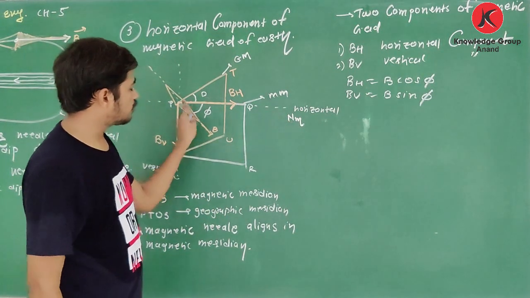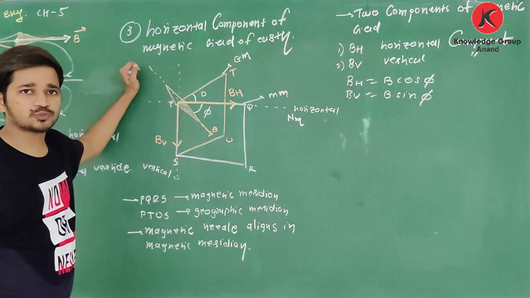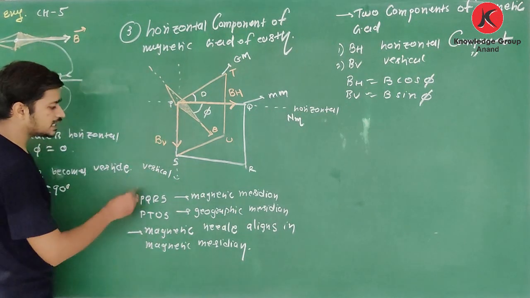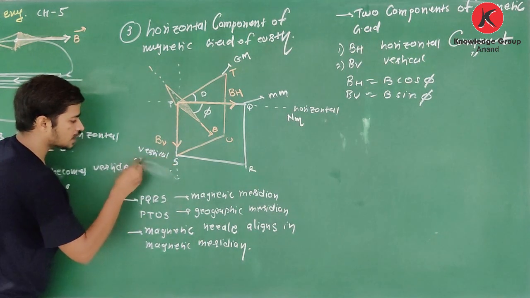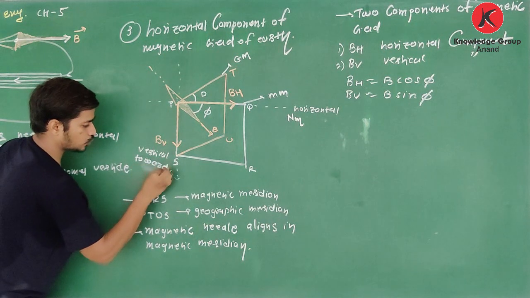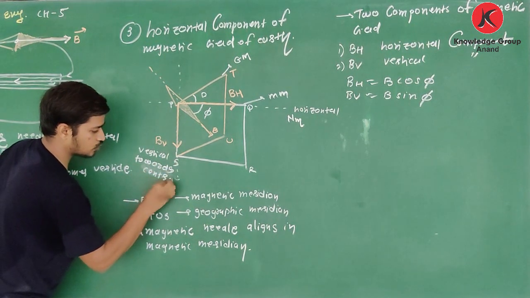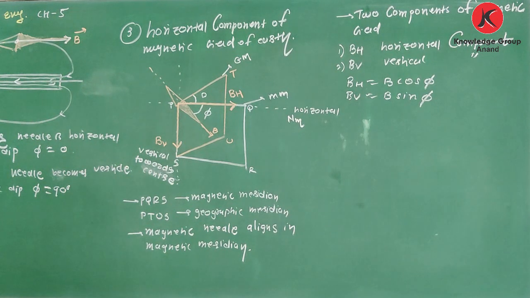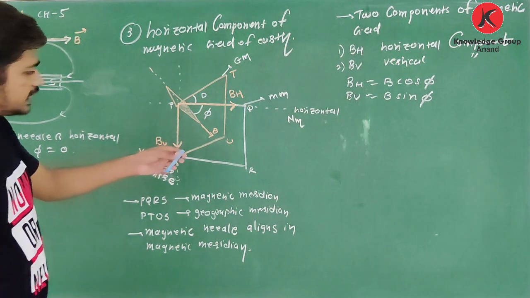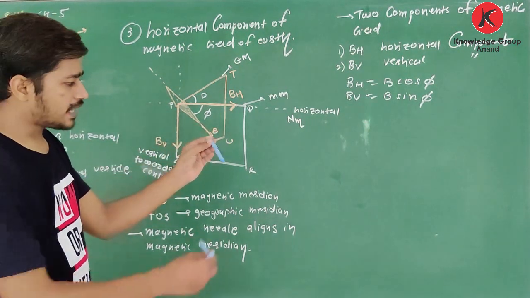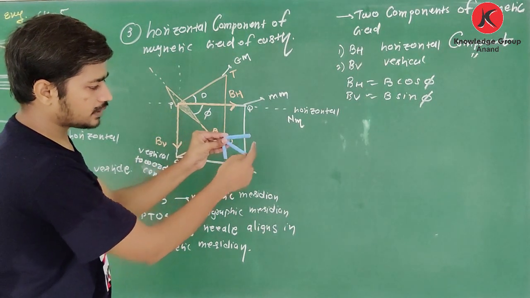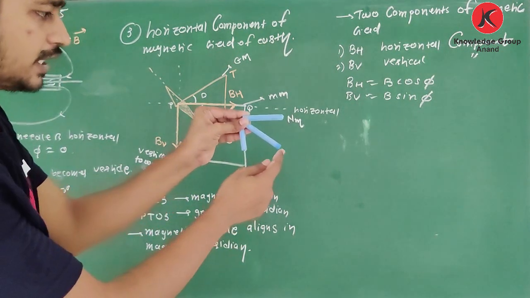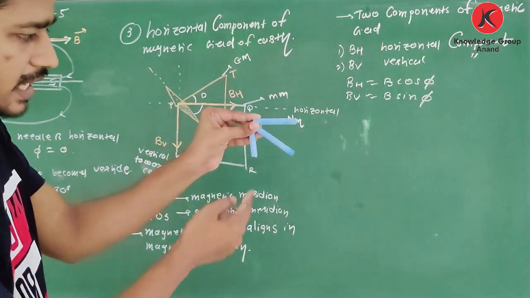So yes, this horizontal magnetic field is towards the north pole, while this vertical magnetic field is vertically downward, meaning towards the center. See how? Like this. If the magnetic field is like this, then I can resolve it in two components. It is B. This component is called B cos phi, and this is called B sin phi.